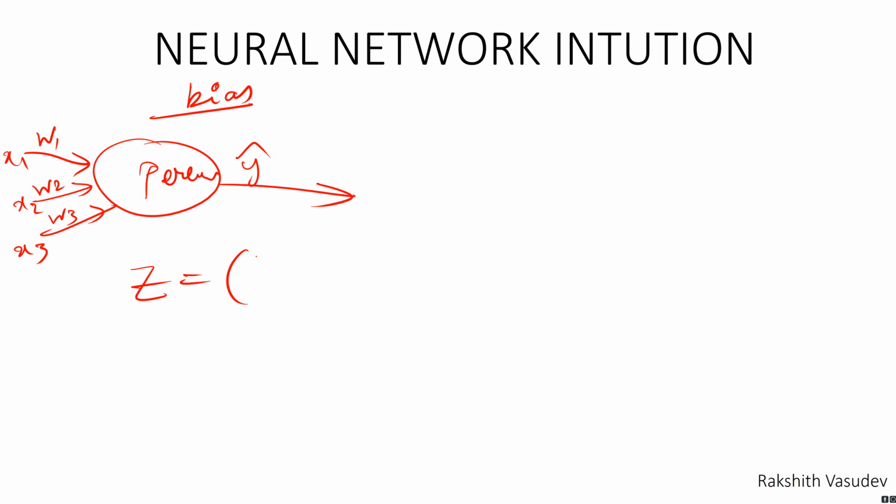What is z? It is basically w1 x1 plus w2 x2 plus w3 x3. Additionally, I add a bias to all the inputs here, and that is going to be my bias.